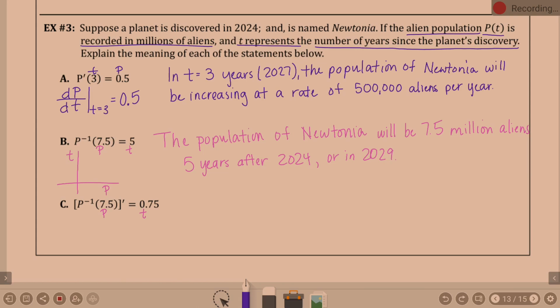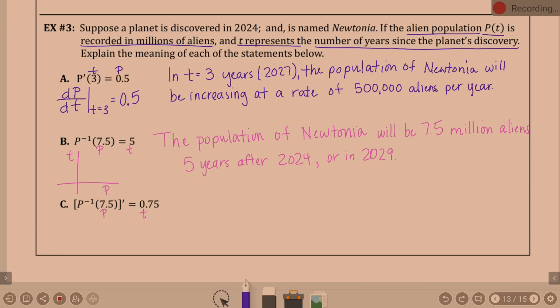It's always weird how they do this, because realize on an inverse, your output's probably going to be time. And so it's hard to say at a rate of change of 0.75 year, or 3/4 of a year. And so that's why they always put it in relation to 1 unit of whatever. So 1 million here.